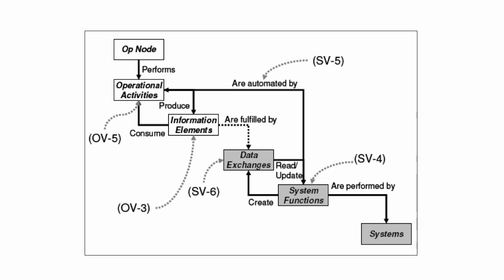Well, there's an operational view that does that. And then those are fulfilled by data exchanges. Well, there's a system view that describes exactly what those data exchanges might be. And then those read and update the system functions. Well, there's a system view that describes that. So it's cut into these different slices, and taken as a whole, it thoroughly describes everything the system is supposed to do and how it all works together.